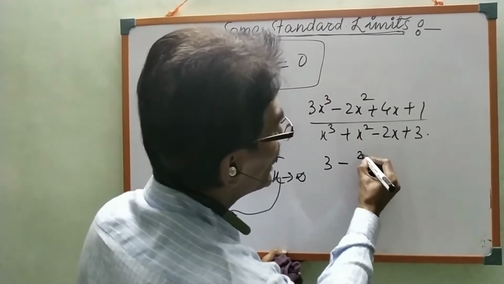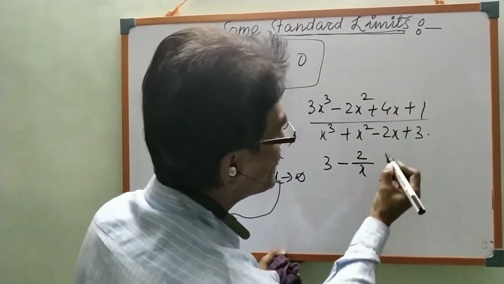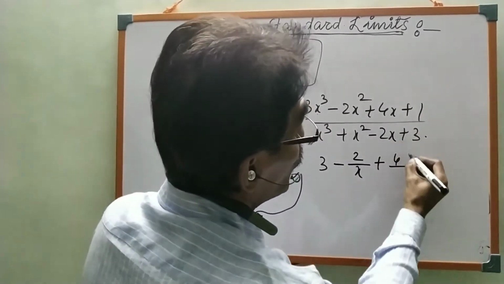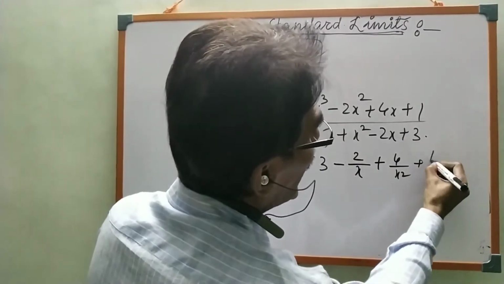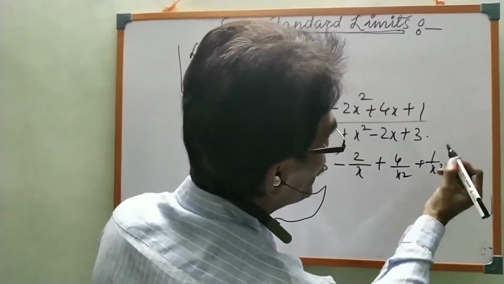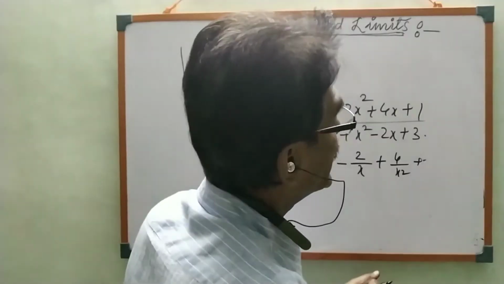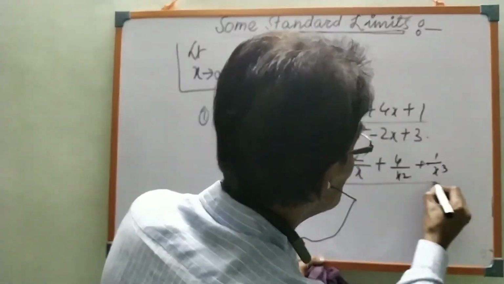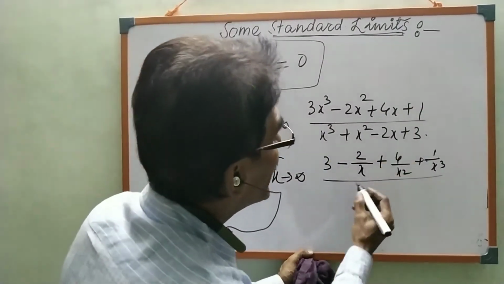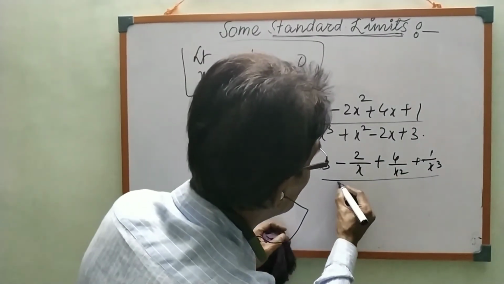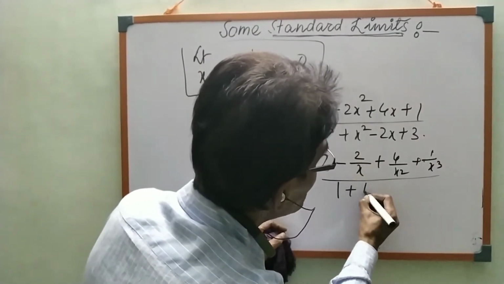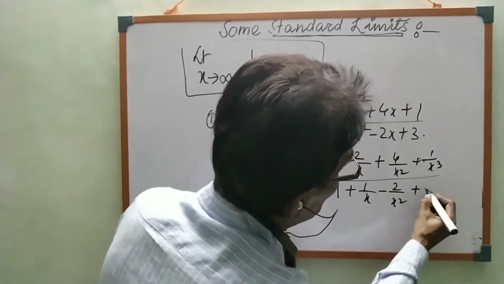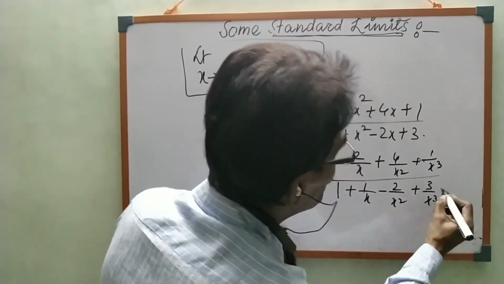Minus 2 into x square by x cube is this. And here plus 4 into 1 by x square and here 1 by x cube. Try to clear. We have divided the numerator by x cube. Similarly, if we divide the denominator by x cube, we are getting 1 plus 1 by x minus 2 by x square plus 3 by x cube.